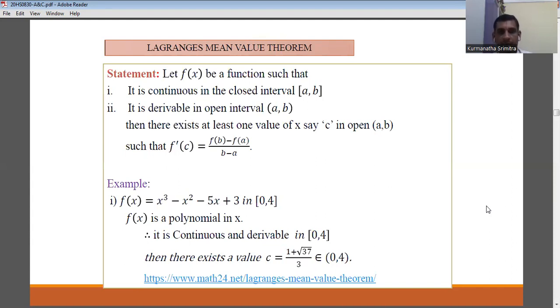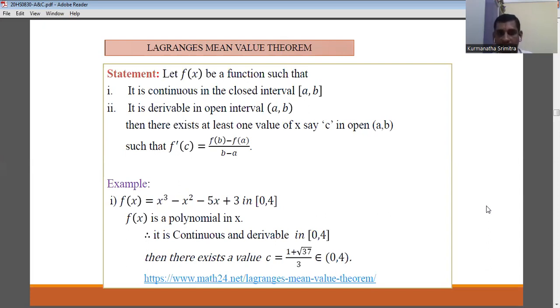For example, we take a polynomial, that is x cubed minus x squared minus 5x plus 3, on the closed interval [0, 4]. We have some basic functions like two trigonometric functions, sin x and cos x, the exponential function e power x, and every polynomial.